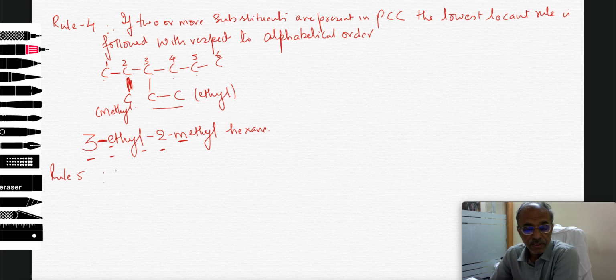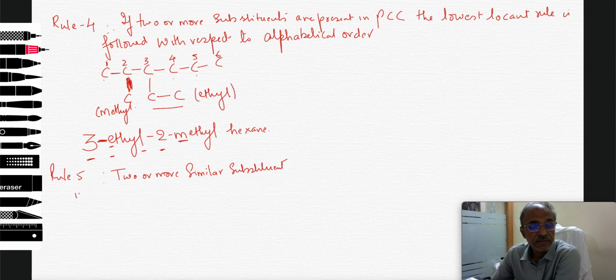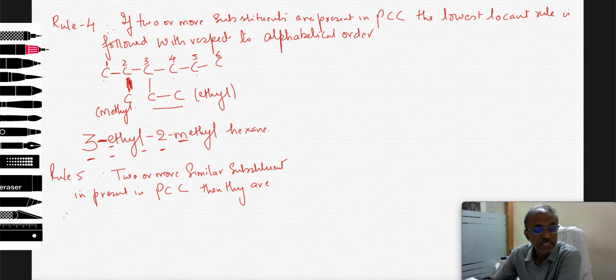If two or more similar substituents are present in the parent carbon chain, then they are represented by di.